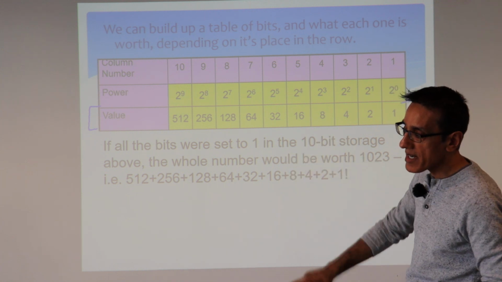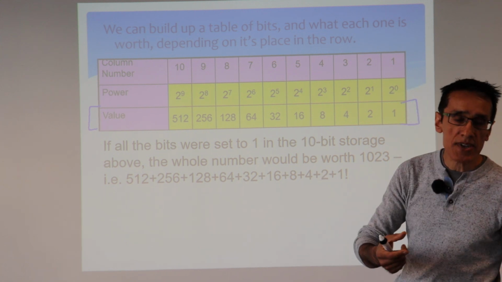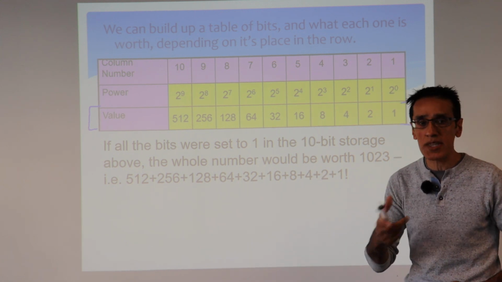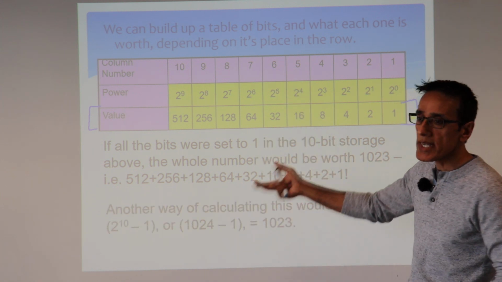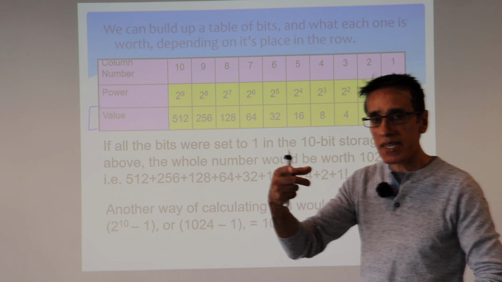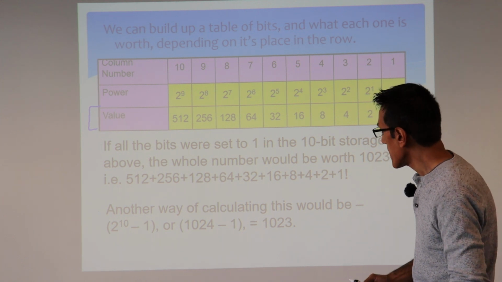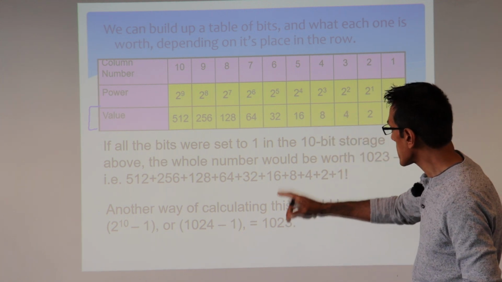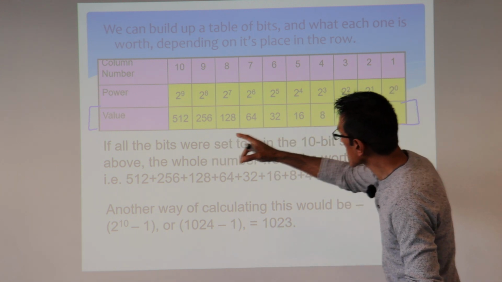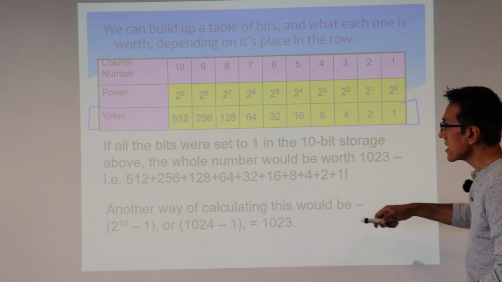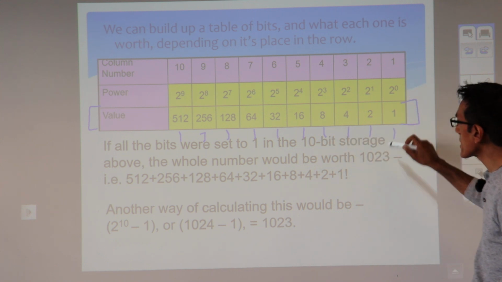To convert a binary number then to its base 10 equivalent, we simply take the binary number, which is made up of only 2 symbols, 1s and 0s, and wherever the 1 gets aligned, we read off the base 10 number and add those together. Now, the highest number that can be represented using these 10 columns is 1, 1, 1, 1, 1, 1, 1, 1, 1, 1.